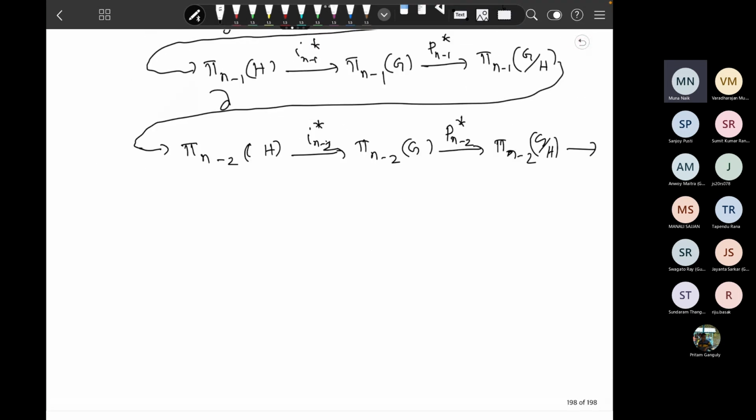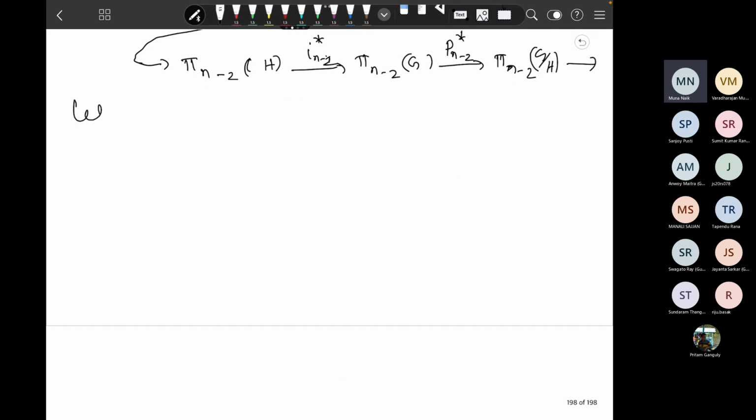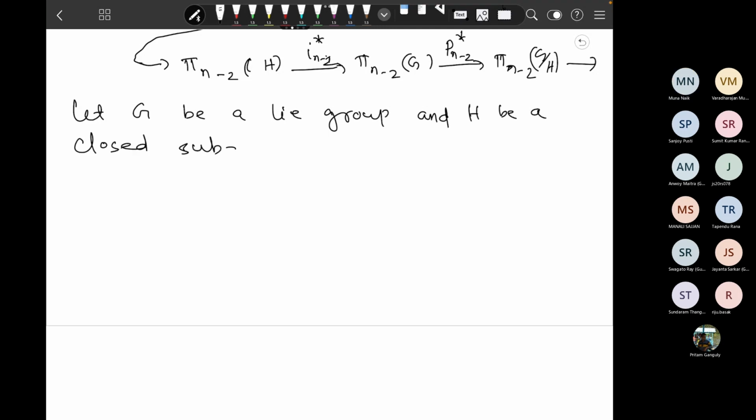Now we are still in the same setup. In this setup, let G be a Lie group and H be a closed subgroup of G. Let us start the chain from pi 2. What will we get?